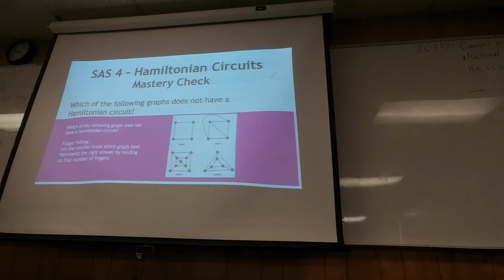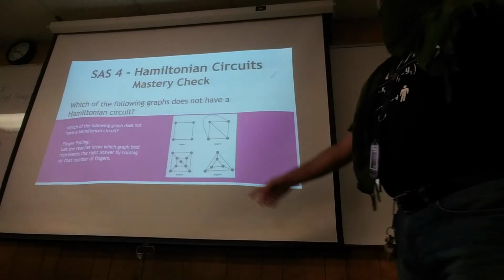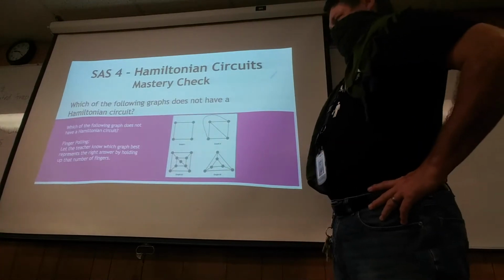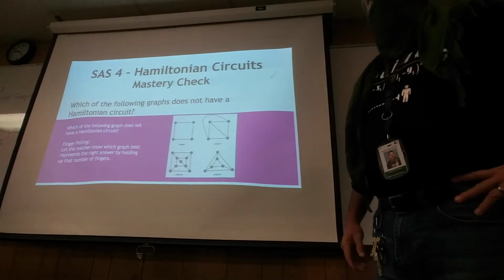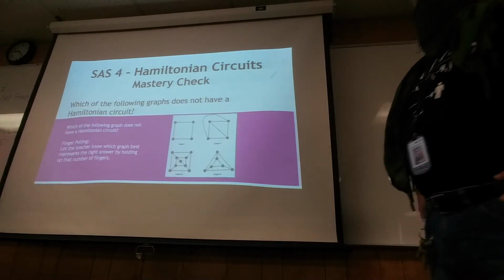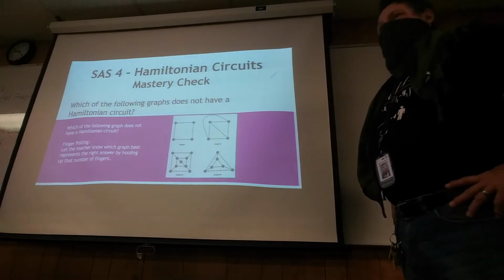Which of the following graphs does not have a Hamiltonian circuit? Let's look at it. Graph 1, does it have a circuit? Is there a path where you can touch every vertex exactly once? Yes. How about graph 2? Can you touch every vertex exactly once? Yeah.